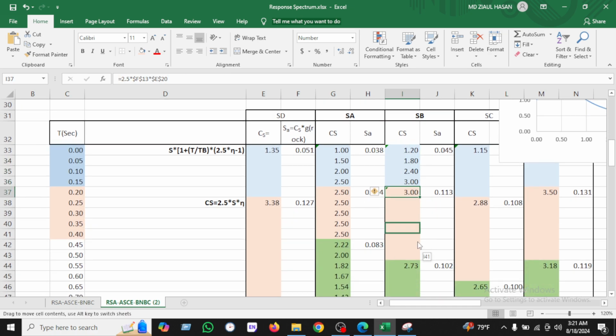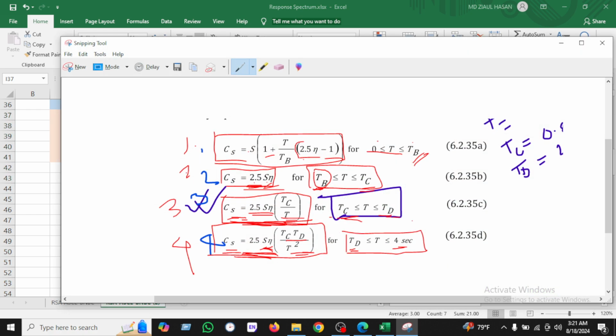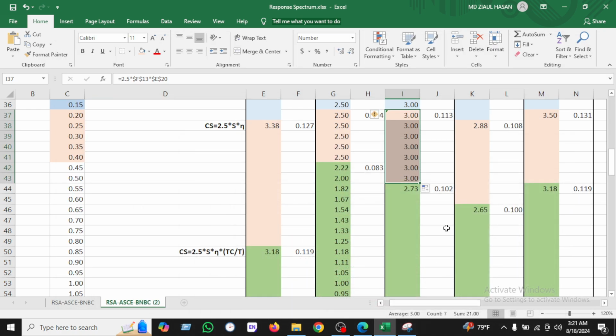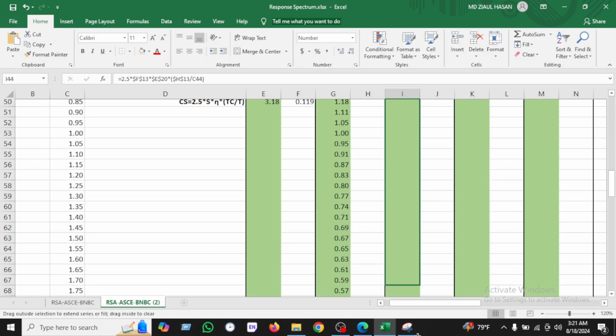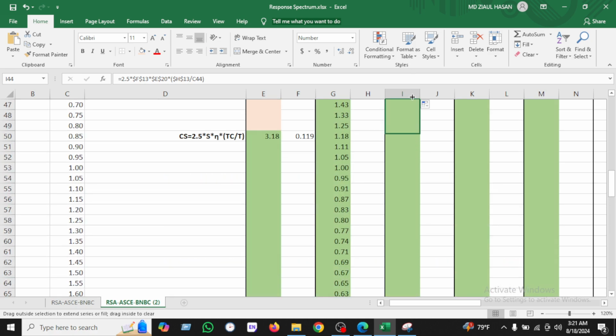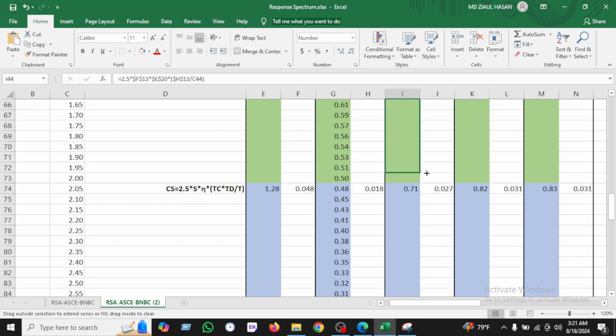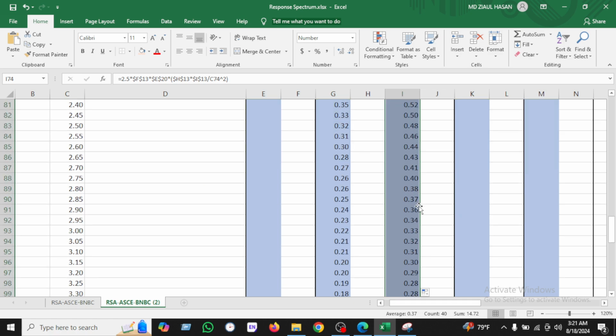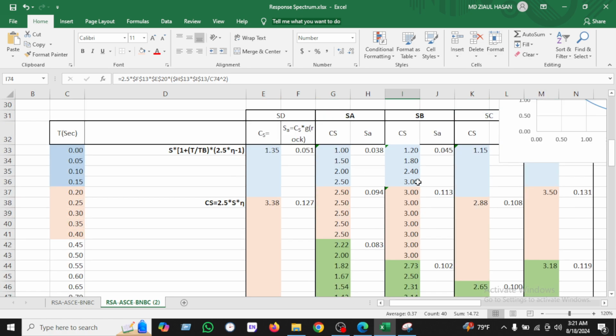In the same way, the second formula we will use, and the third formula we have used. Sorry, the third formula will be 2.2, and this is the fourth formula. So I have used the fourth formula.